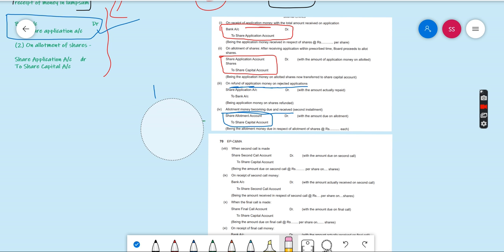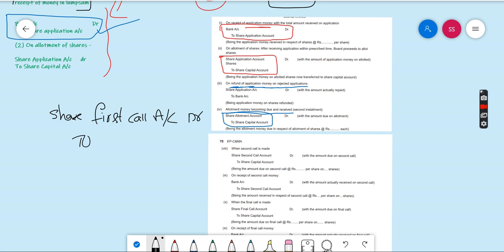Now the next installment is the first call. For the first call also it is the same, right? So first one is share first call account. This is the due entry. Share first call account debit to share capital account.